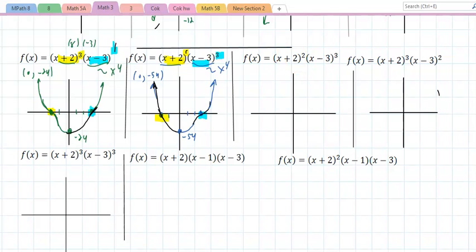On this problem, this 0 is at -2. This 0 is at 3. If I put in 0 for x, I'll get 2 squared, which is 4 times -27. I don't know what that is. I could figure it out, but I really don't care. I'm just going to mark that somewhere right there. And I have it listed right there, so I know what that is. This is going to behave like x squared times x cubed.